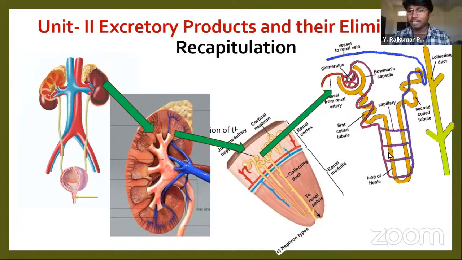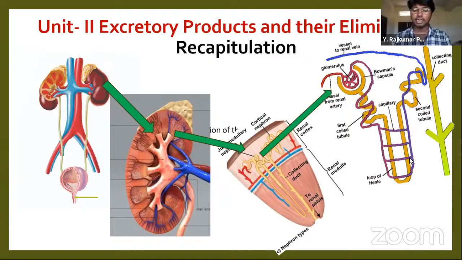The long tubular structure extending to the medullary region is called Henle's loop, also called the loop of Henle. The tubular network which you can see around the loop of Henle is called the vasa recta. The final part is the collecting duct. This is the structure of the nephron.